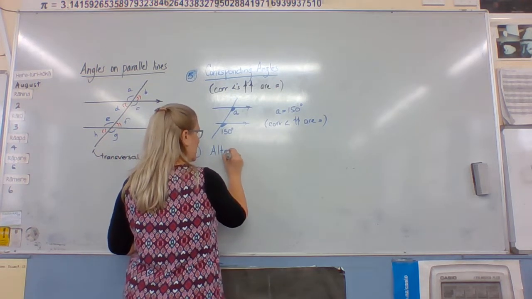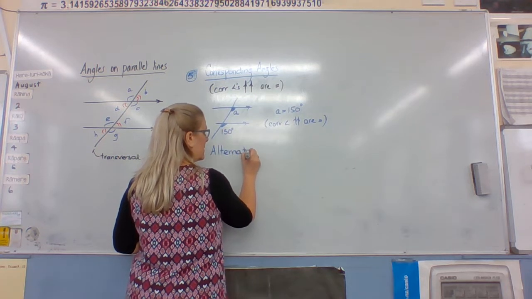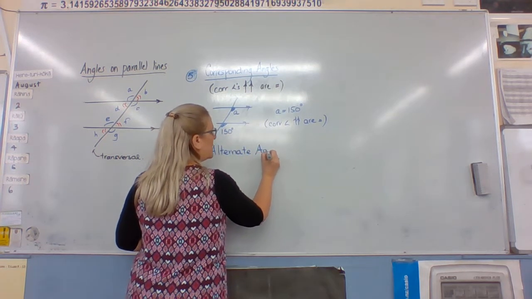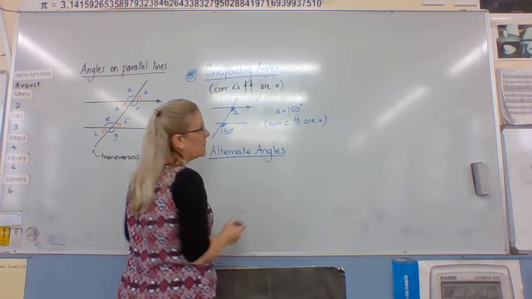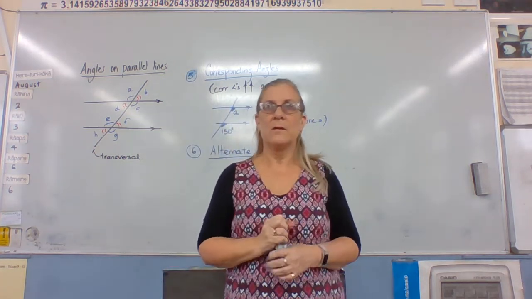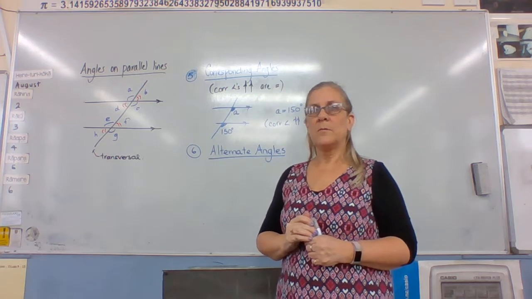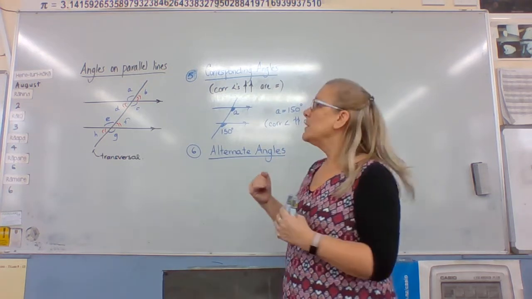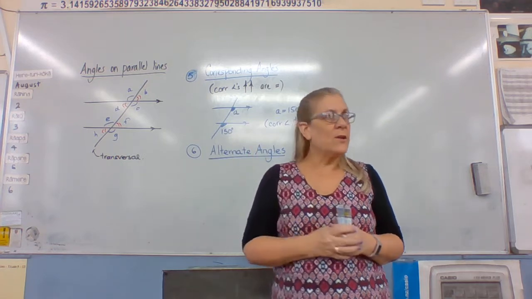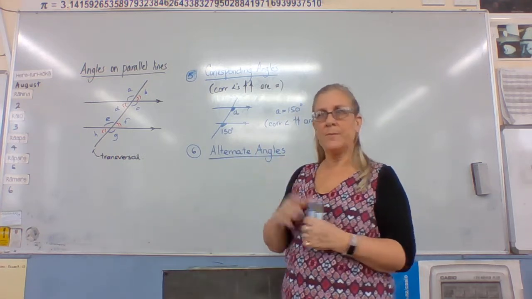All right, second one, or 6 in our reasons. Alternate. So if I say to you, you're having alternate turns, what does that mean? Means I have one, then you have one, right? We're alternating. So an alternate angle means every second one.